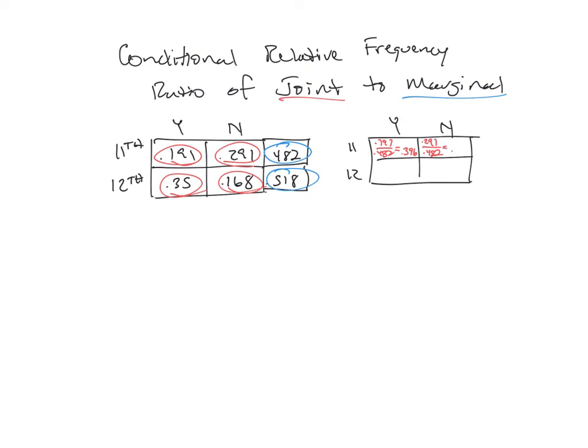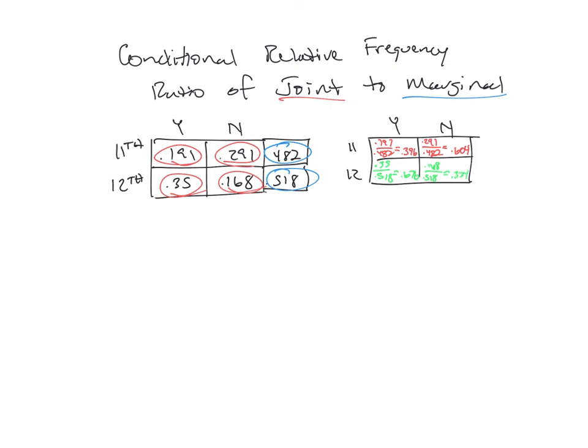Okay? And so this is 0.604. And then I would do the same thing on the bottom, 0.35 divided by 0.518, and I'd get 0.676. And then this is 0.168, and again, over 0.518, we use the same number, and we get 0.324.